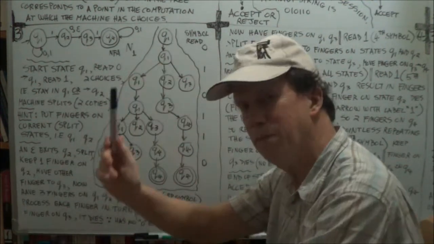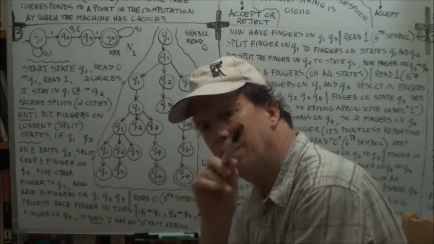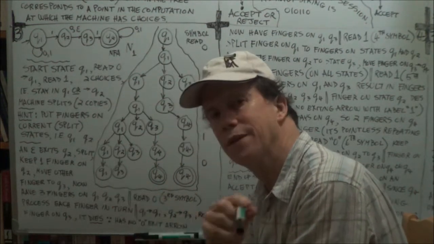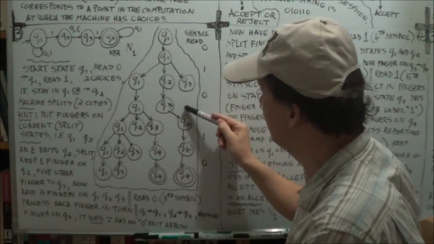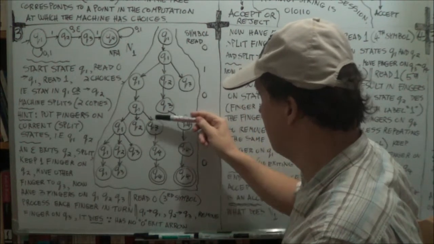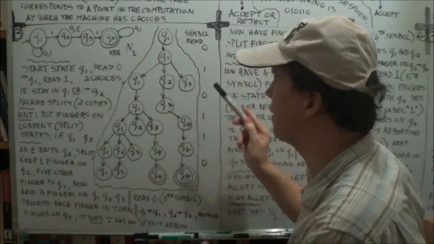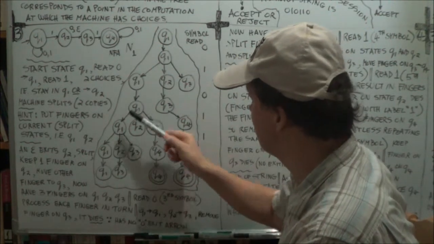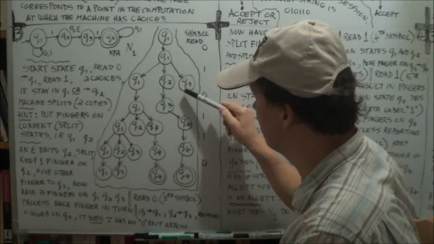It just disappears, and the branch that machine is in terminates. It's just not there at the next step. So this one has died. Now we have two machines, two branches. This third branch here died.